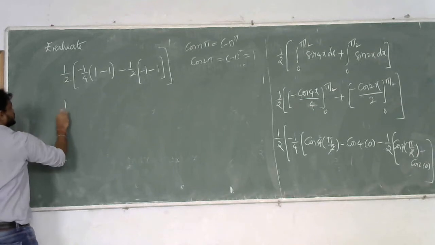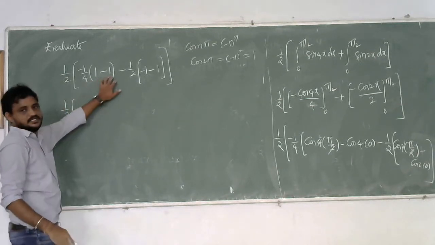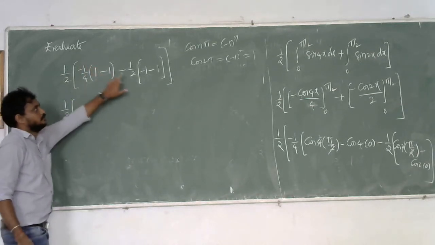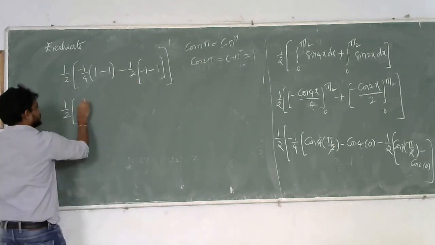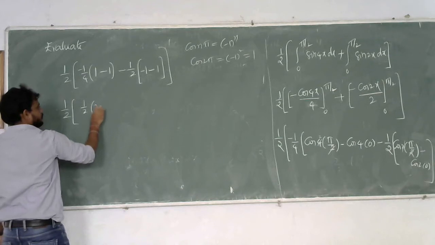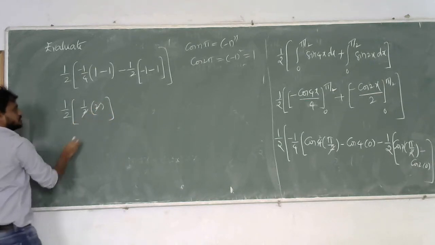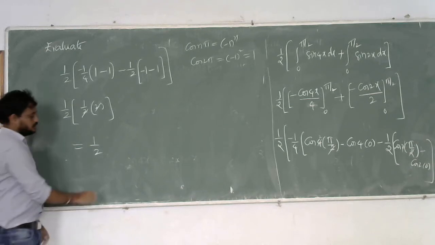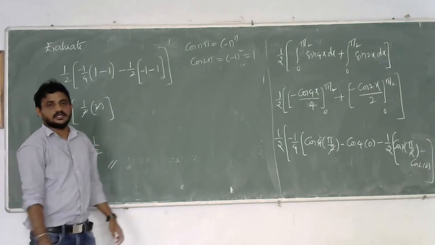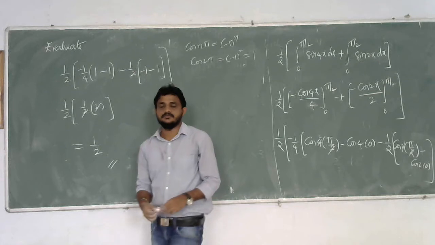So in the first bracket, 1 minus 1 is 0, the total term becomes 0. Minus 1 minus 1 is minus 2, minus times minus gives plus, so 1 by 2 times 2, the 2 and 2 get cancelled, and 1 into 1 by 2 is 1 by 2. So that is the given integral value.